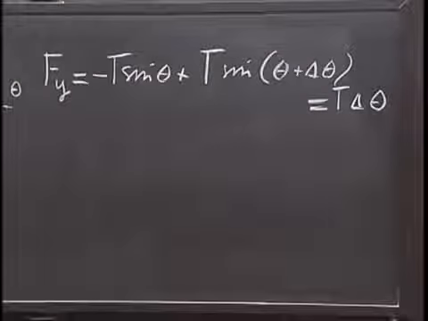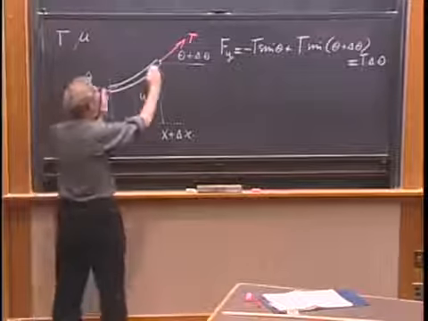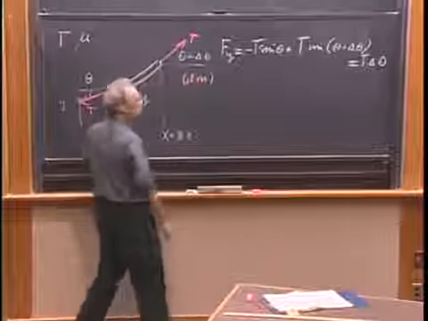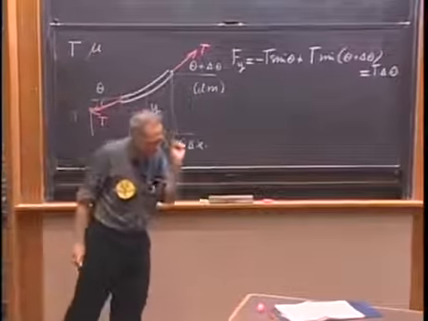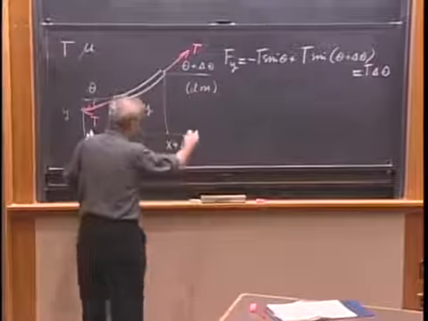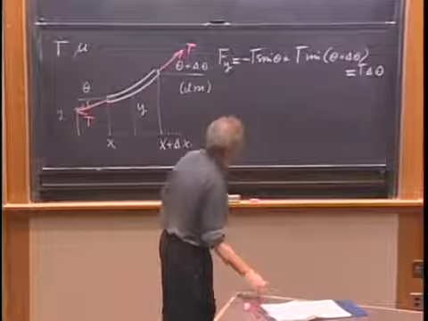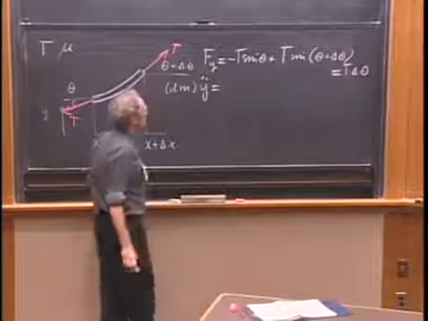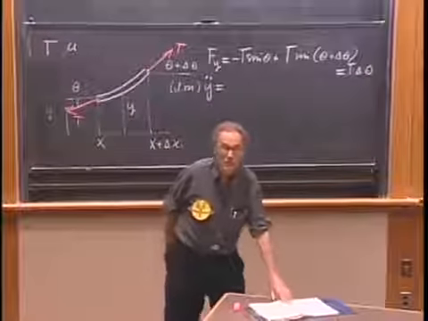Now I will apply Newton's second law. The amount of mass that is in here is dm. And I will calculate shortly what dm is. It's a little bit of mass. We're going to make dx go to 0, infinitesimally small amount of mass. And so that mass times y double dot must now be this force that we just calculated. So it must be T delta theta.